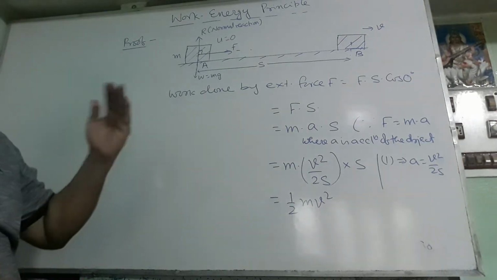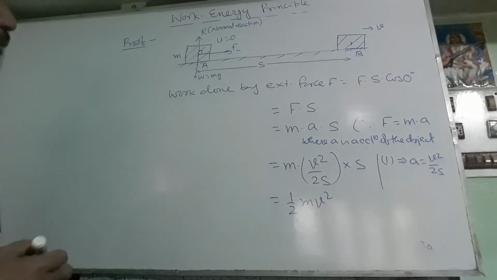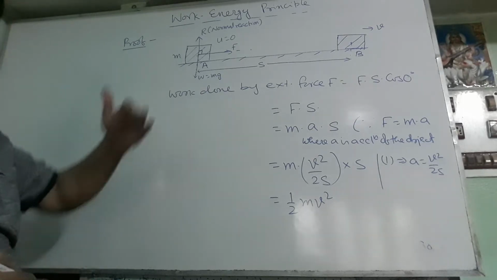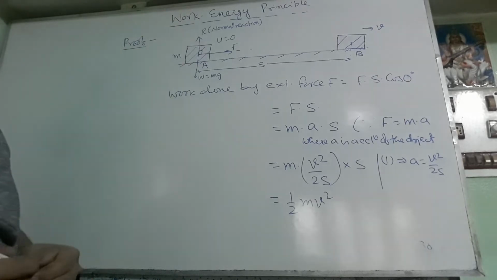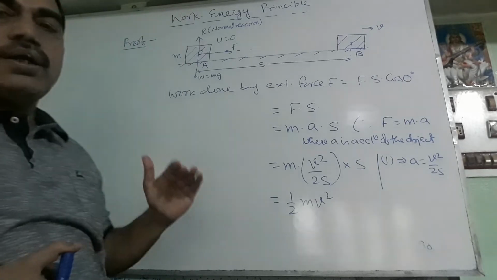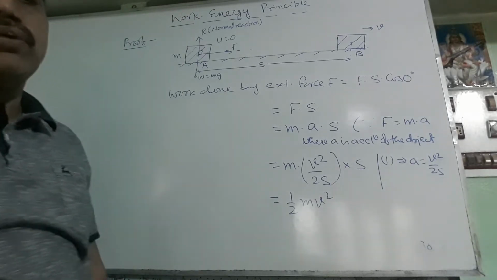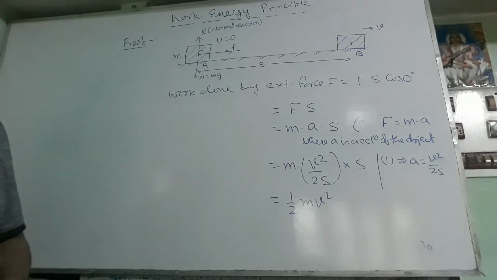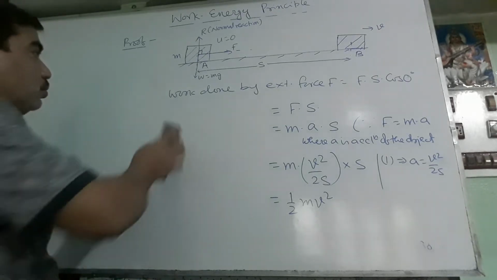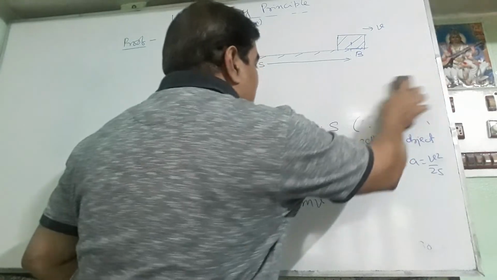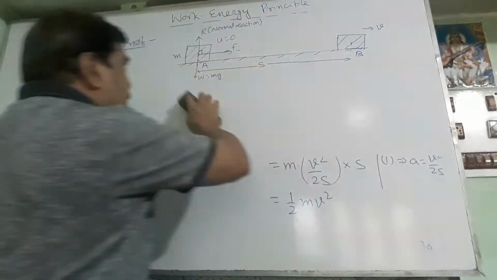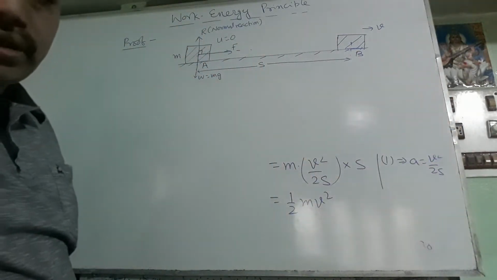Now we will calculate the work done by all the forces. According to the principle, we have to prove that work done by all the forces is equal to the gain in kinetic energy. So work done by all the three forces, we have considered three forces only, three forces are acting.